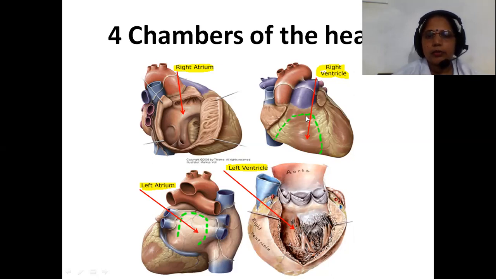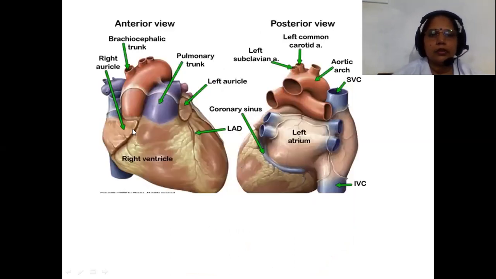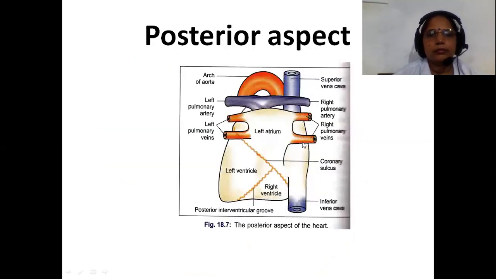Then this is the anterior aspect of the heart. Right ventricle is present, then left ventricle present and anteriorly continues with the posteriorly. Posteriorly, you can see this is the left atrium. Left ventricle continues with the posterior right ventricle. You can see this is the right ventricle. This is the left atrium.